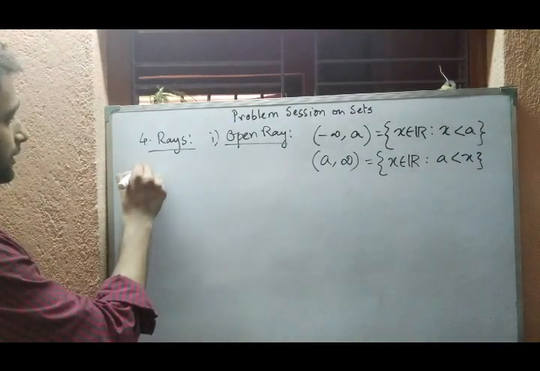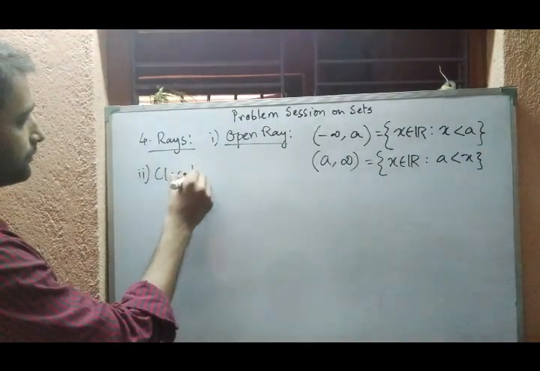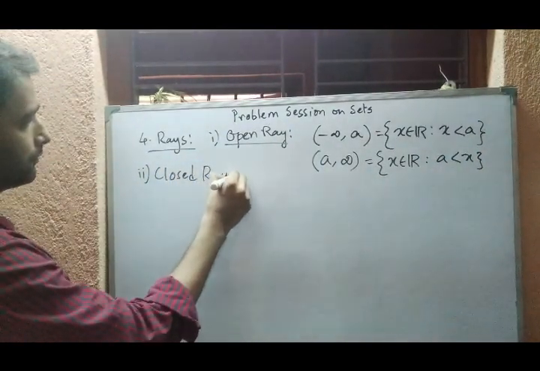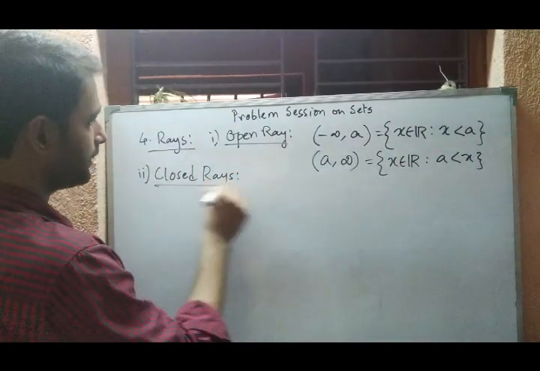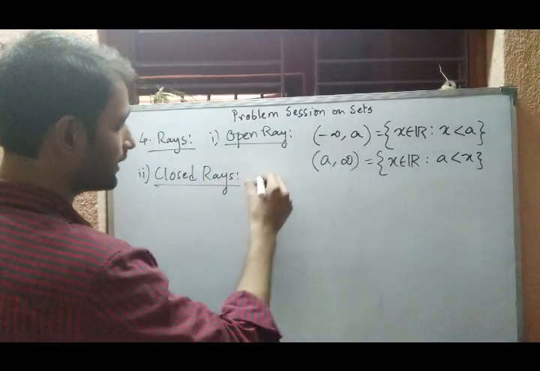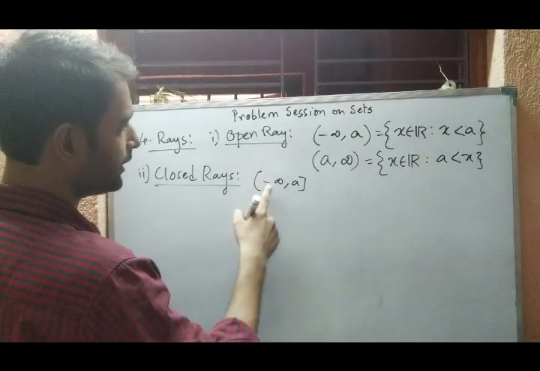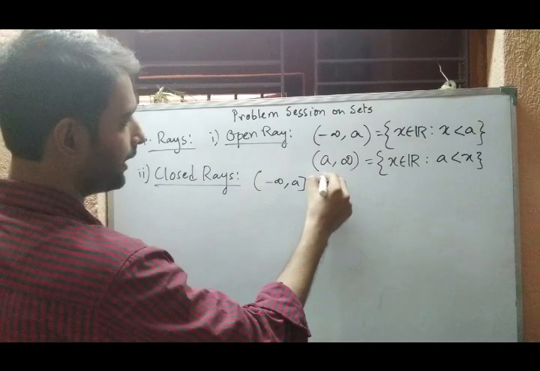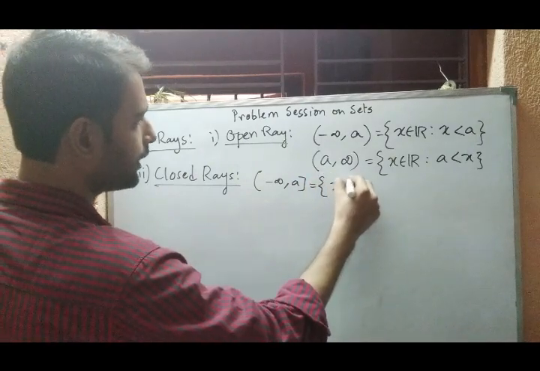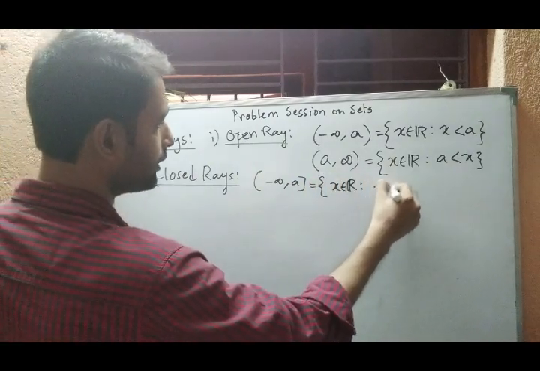And the next type is the closed rays, and these are defined with the closed brackets. One is this, (−∞, a], and it is defined to be the collection of all real numbers which are less than or equal to a.